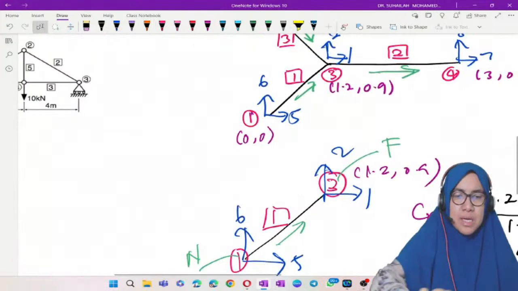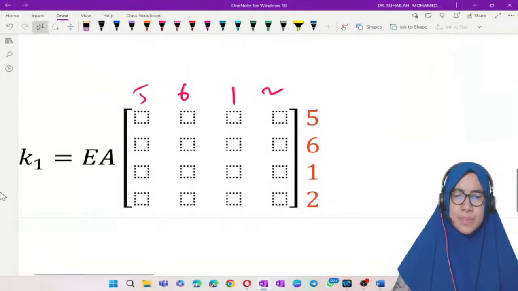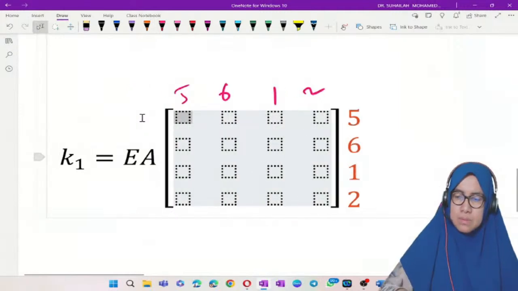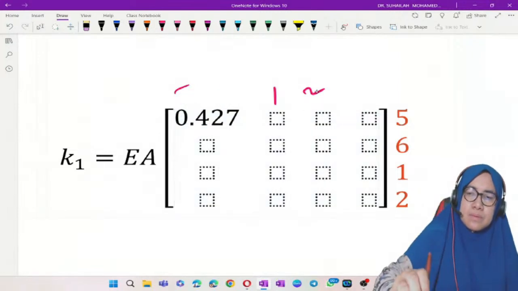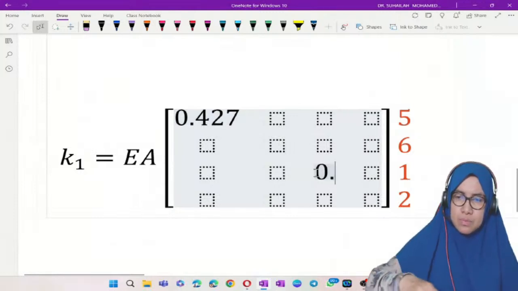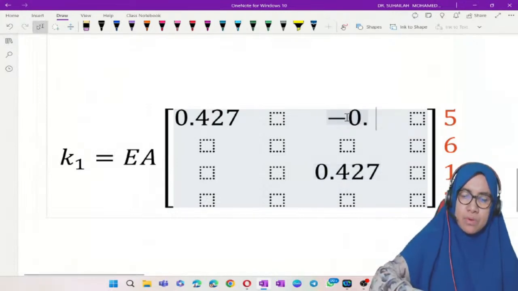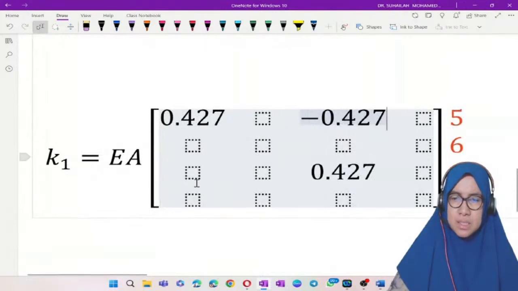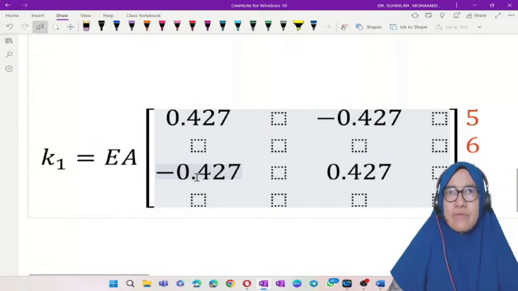So it is 0.427. We should get 0.427 here also. This one is negative 0.427, and this one is negative 0.427.